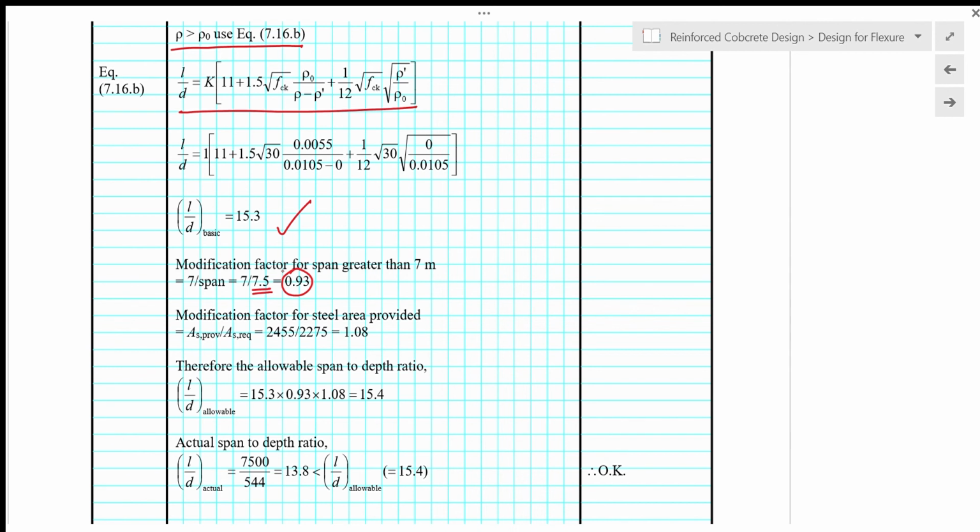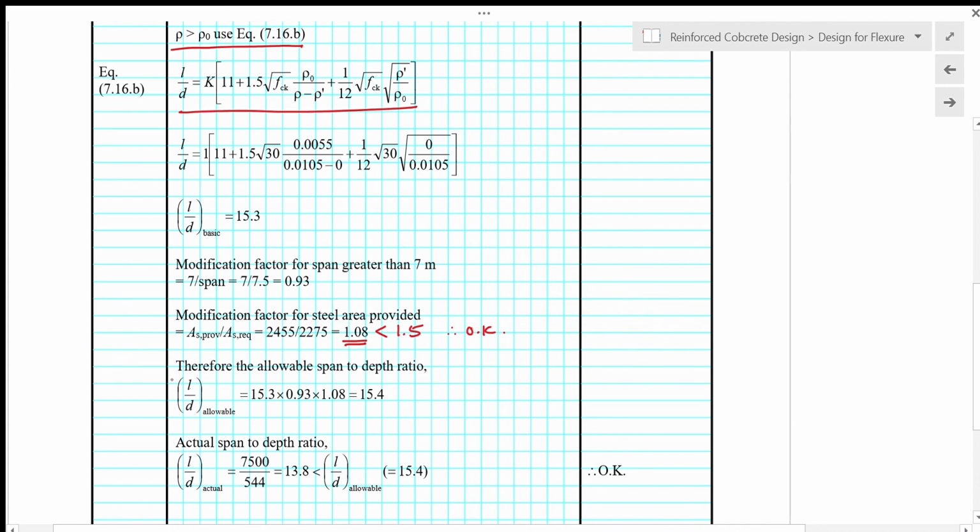The next factor that we consider is modification factor for steel area provided. So we have AS provided of 2455 square millimeter, and AS required of 2275 square millimeter. So this factor is 1.08 and is less than 1.5, so it is okay.